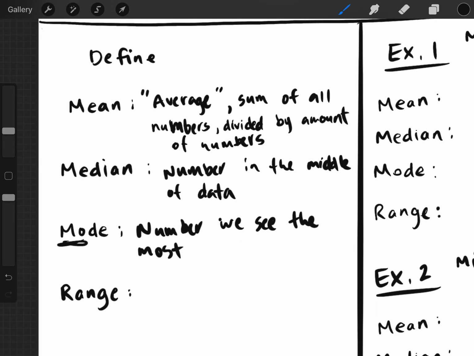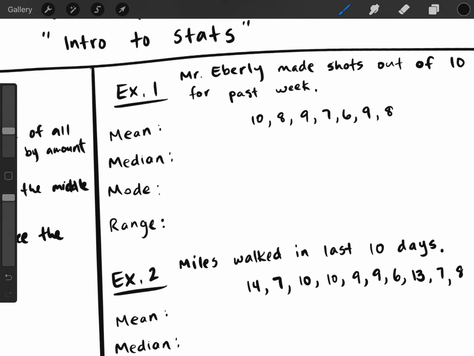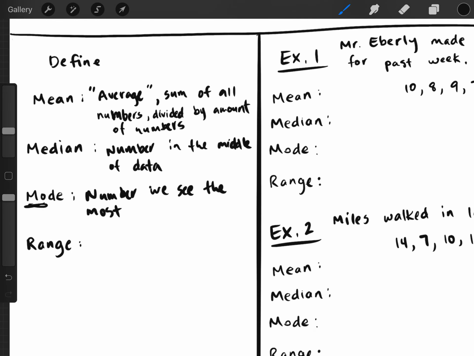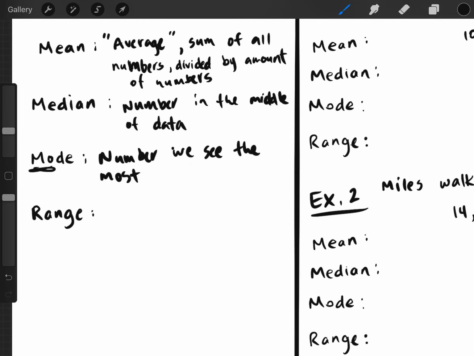That's usually ideal when there's an outlier, because it will not let the outlier affect our data. And then the mode is most commonly used when the data isn't numbers, like our 2 problems over here. If we're talking about word answers, something like that, that's when we're going to use the mode.